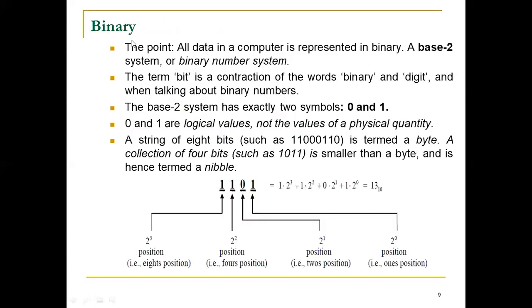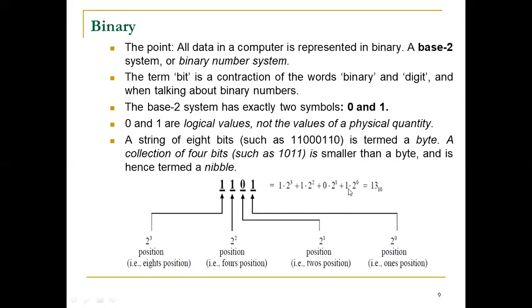Then the next number system is binary. In binary there are only two states, 0 and 1. That's why its base is 2. All binary numbers are represented with only two digits, 0 and 1. Here this 1 is placed at the 1's position, 0 at the 2's position, 1 at the 4's position, and the last 1 is placed at the 8's position.